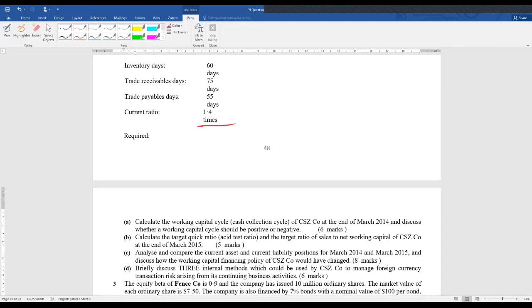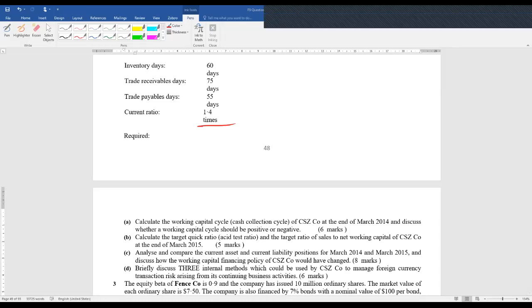Great. Part C: analyze and compare the current assets and current liability position for the company as at March 2014 and 2015. So we compare the two cases, 2014 and 2015, and let's do our analysis.